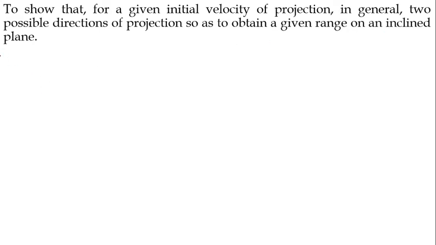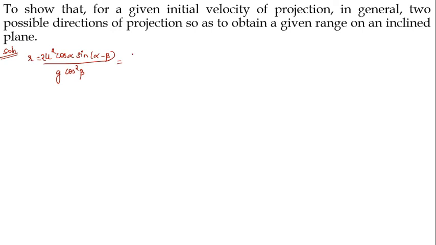So, solution or proof. We have an angle of projection alpha, right? So in this particular condition, we are going to prove there are two alphas, like either we can have alpha 1, alpha 2. So I'm considering alpha 1, alpha 2, right? So we know that our R is by the formula 2u square cos alpha into sine of alpha minus beta divided by g into cos square beta.